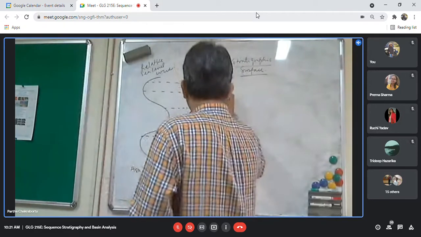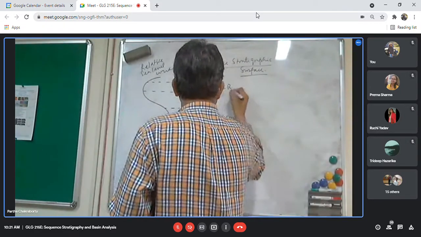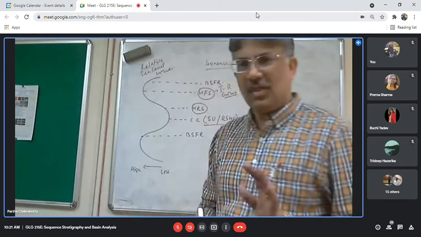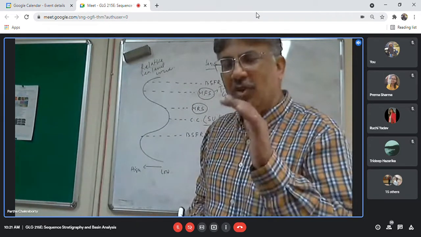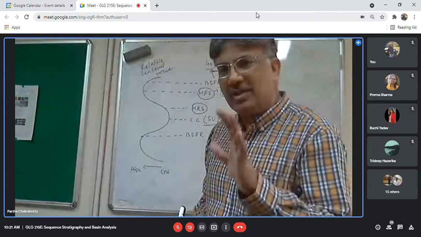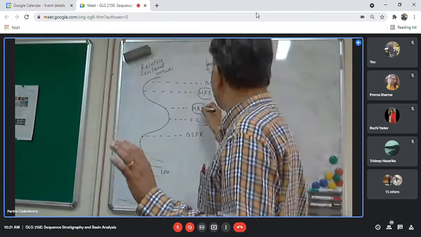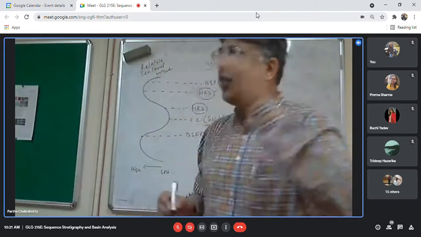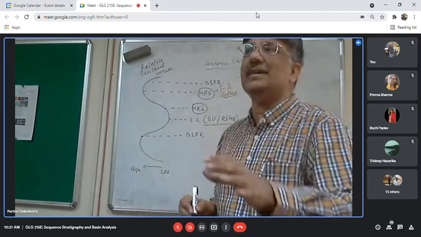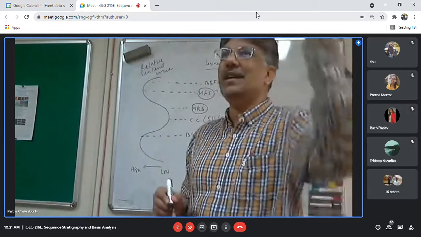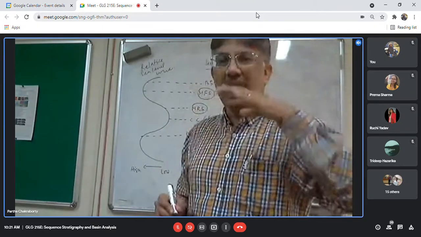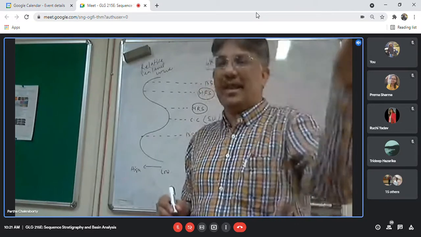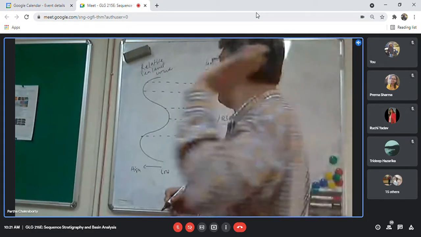So they are related to the transgression-regression curve. They have that connotation. Now you are marking the MRS, maximum regressive surface, and maximum flooding surface. So the term actually indicates they are related to regression and transgression, that is, the movement of the shoreline, and it is connected.